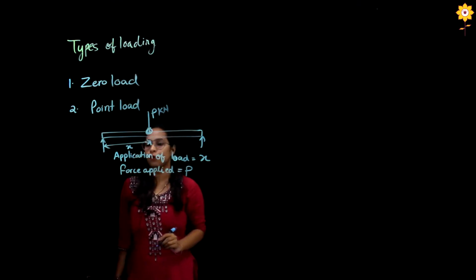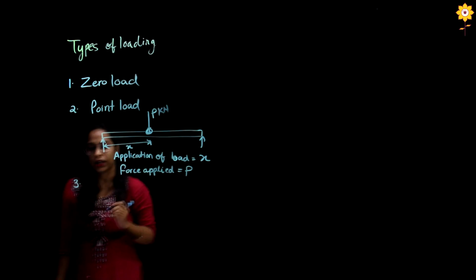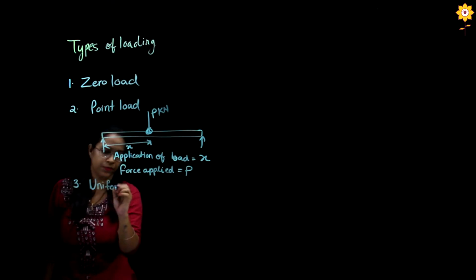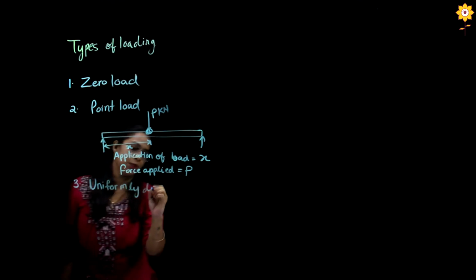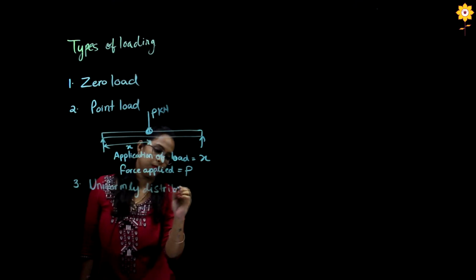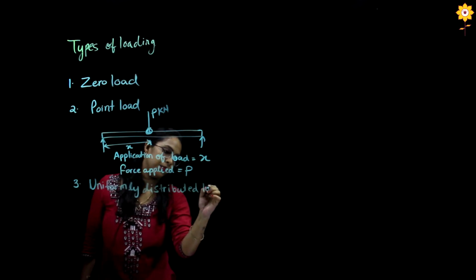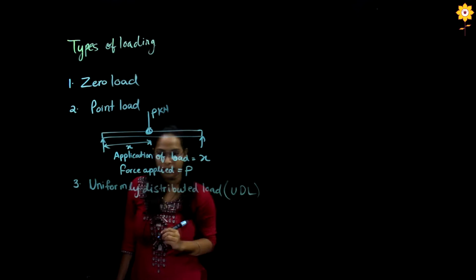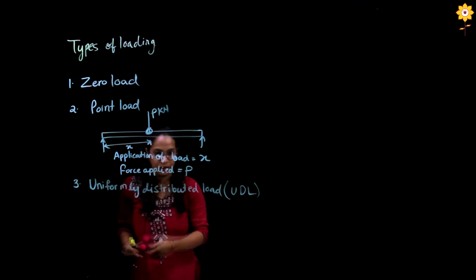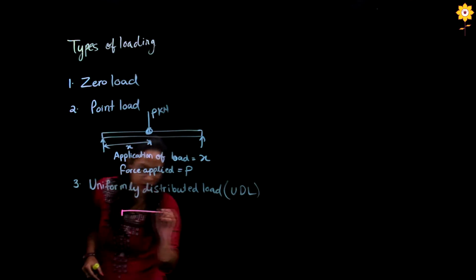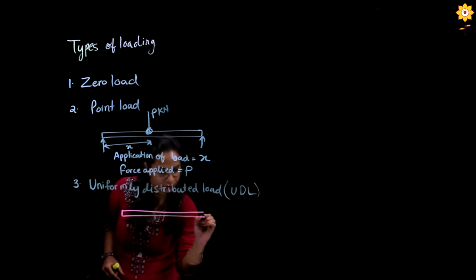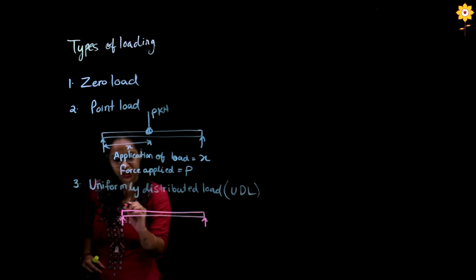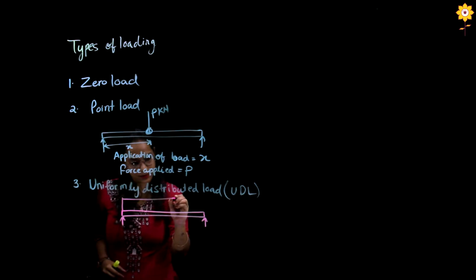Now the third kind of loading is the uniformly distributed load. We call this UDL. If this is my beam, which is simply supported, the UDL is represented like this.